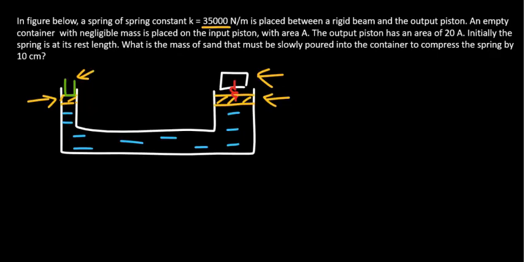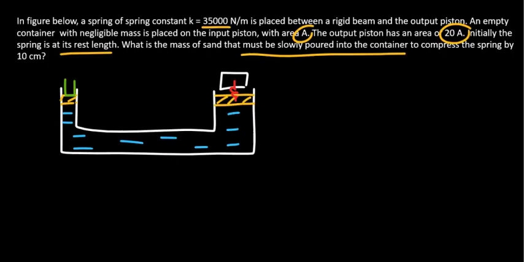The area of that smaller piston, the input piston, is A. The output piston has an area of 20A, so you can see the output piston is wider. Initially, the spring is at its rest length. What is the mass of sand that must be slowly poured into the container to compress the spring by 10 centimeters? So in other words, how much sand in kg do you want to put in that container so that the spring is compressed in that manner.